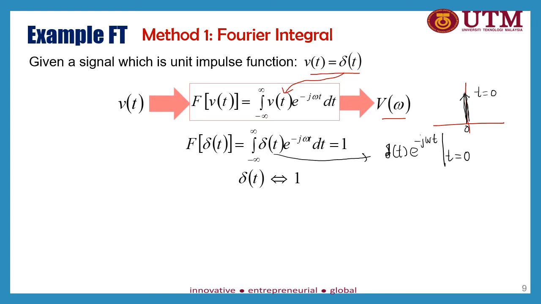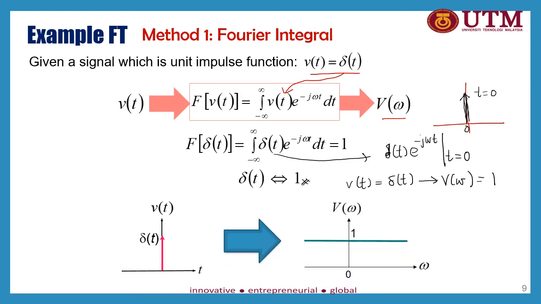So when you perform this integration, the output is 1. So in this case, when you have a signal v(t) equal to delta(t), your V(omega) equals 1. So this is the impulse delta(t) in time domain. The spectrum appears as lines with constant 1.